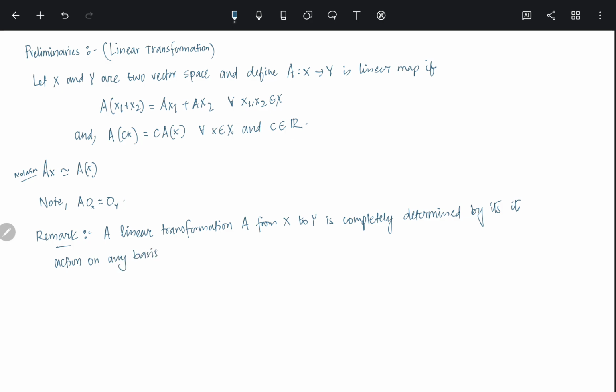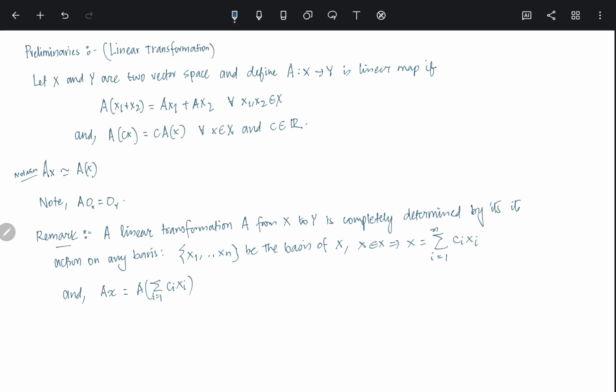What do I mean by this? Let's say you start with a basis x1, ..., xn of X. Then any x in X can be written as the sum from i equals 1 to n of ci xi, say it is n dimensional. If we look at the action of A on x, it is A times the summation of ci xi.